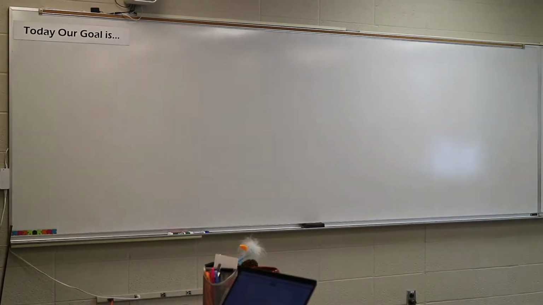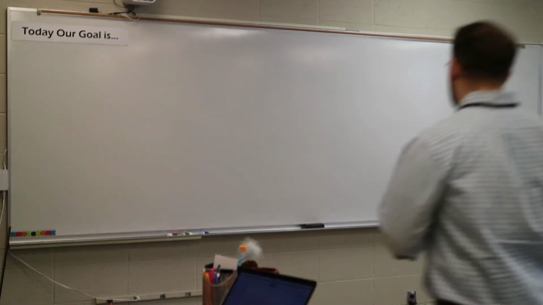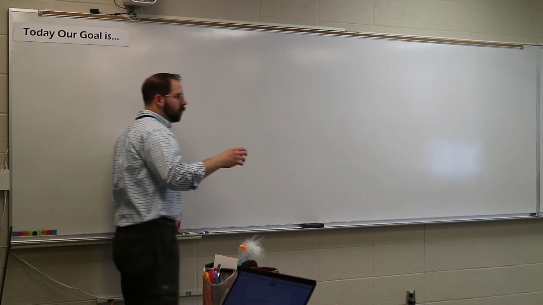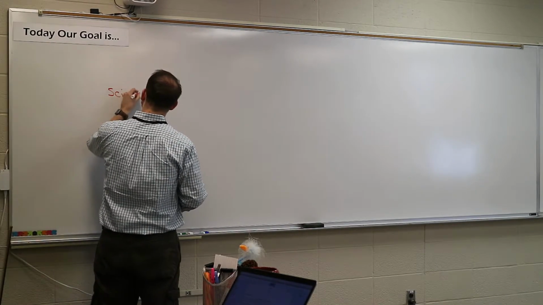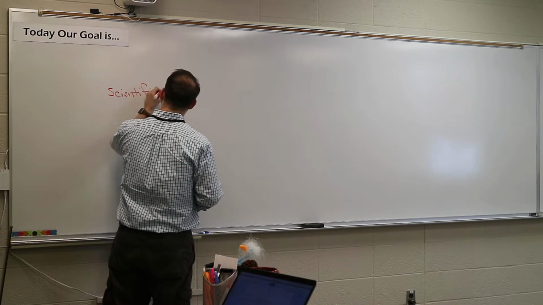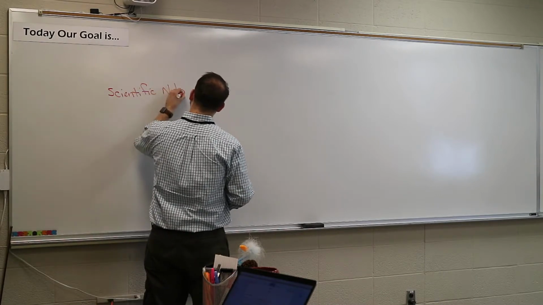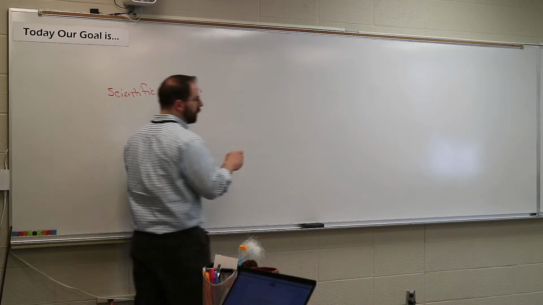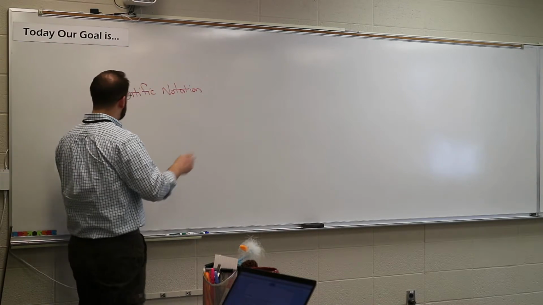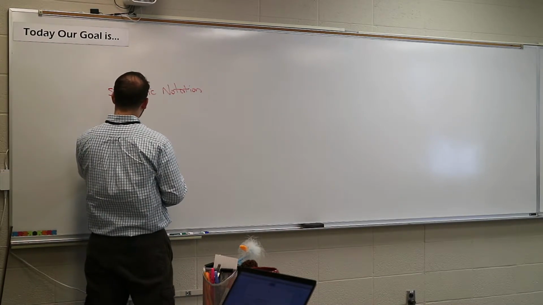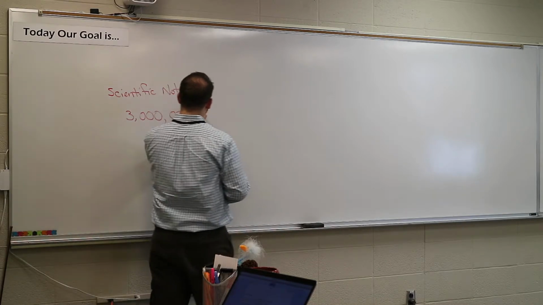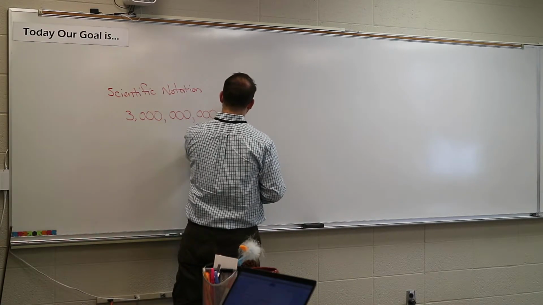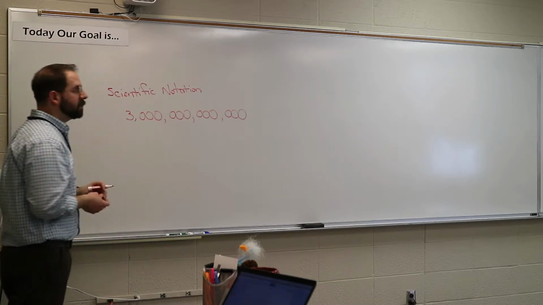Okay, here's what we're going to be going into tomorrow. It's called scientific notation. Now, what this is, it's a way of writing really big numbers really small. So watch how this works. Let's say that you had this number, right?